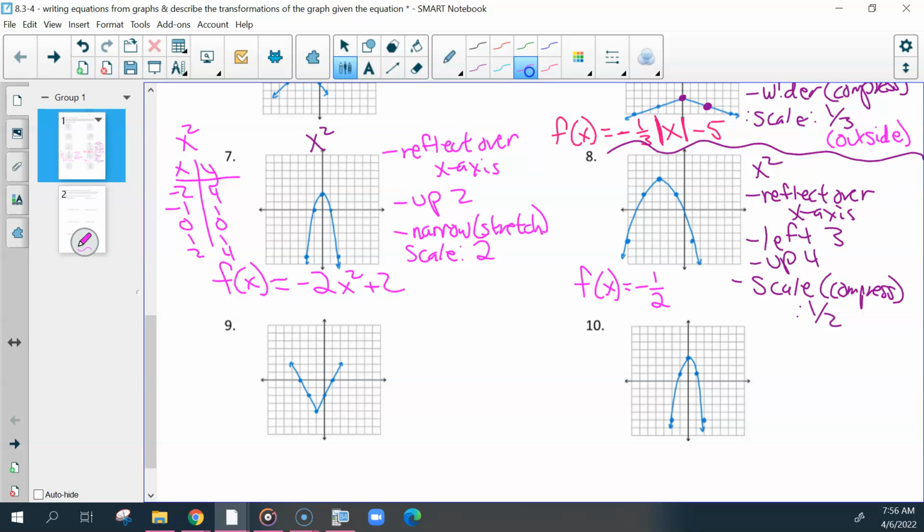X plus 3 inside parentheses. And then squared. And then plus 4. Especially when you have things that have all 4, a stretch or compression, a reflection, a translate up or down, or translate left or right, when you have all of them, I would definitely check this in your calculator just to make sure everything is right.